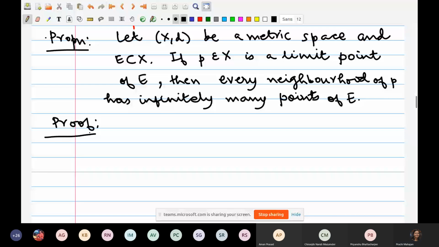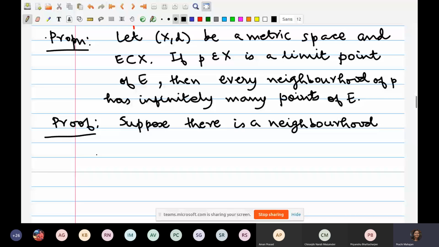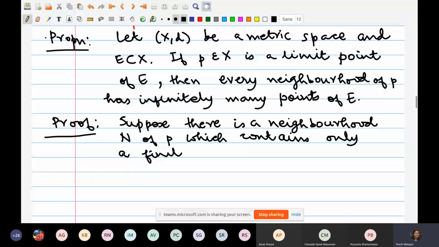Suppose there is a neighborhood N of P that does not contain infinitely many points of E, which means that it contains only a finite number of points of E.